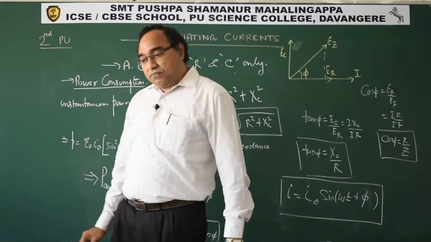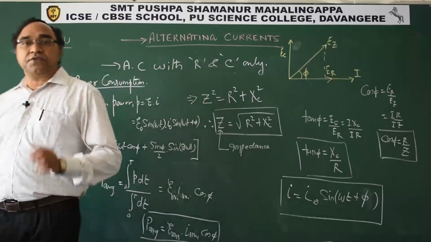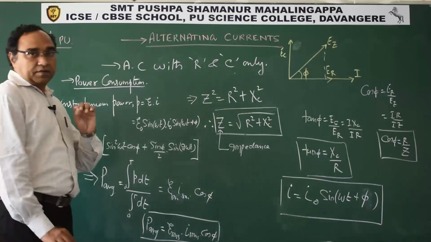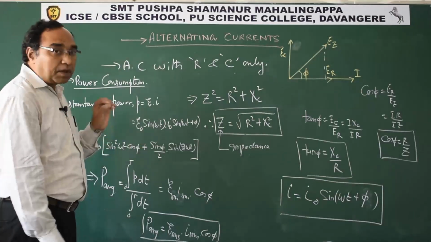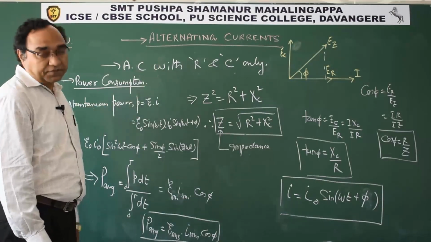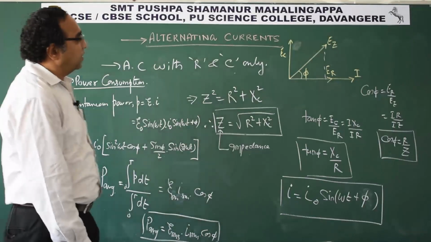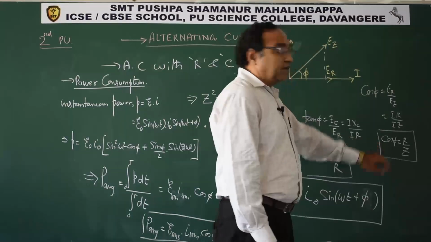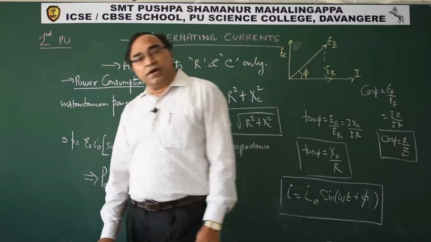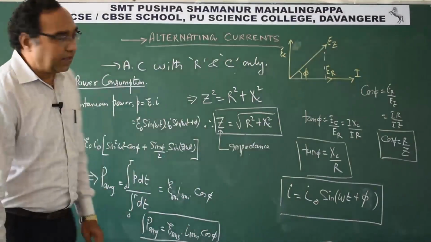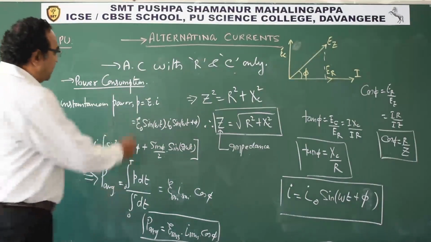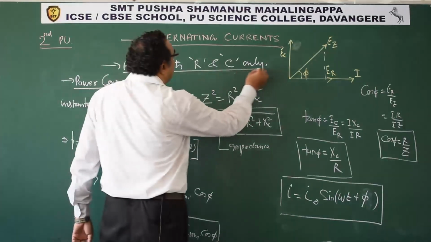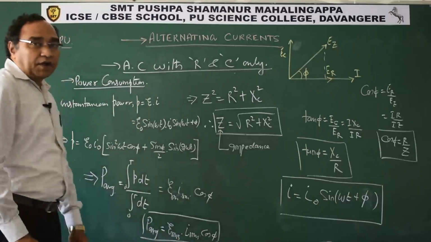The value of Z will depend upon the type of the circuit, meaning what components are placed in the circuit. That is exactly how we can define cos phi, which is the power factor. It will lie between 0 and 1. That is how we can analyze AC with R and C components.